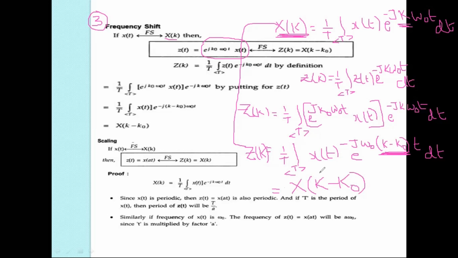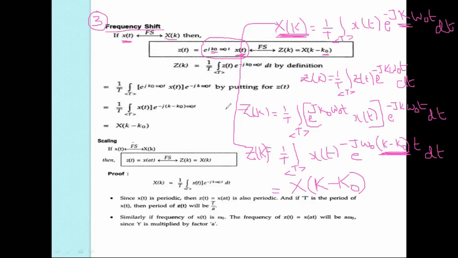K minus k naught. The frequency, x of k is the frequency, x of t is the time. In the time shift, there is a multiplication factor of e power minus j k omega naught t naught for x of k. But in the frequency shift, frequency is shifted. How many samples is it shifted? K naught samples. So that k naught samples is multiplied here for the time signal, my dear students.